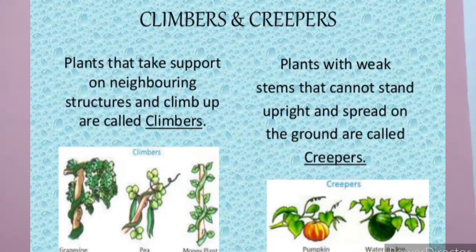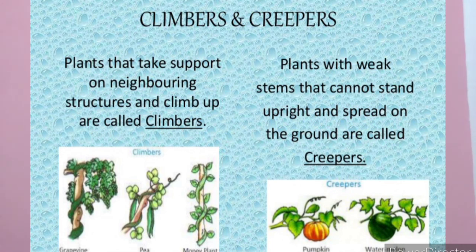Now, except these herbs, shrubs and trees, we have another category of climbers and creepers. Now, what are these climbers and creepers? Plants that take support on neighboring structures and climb up are called climbers.